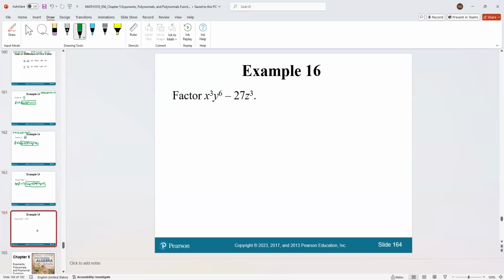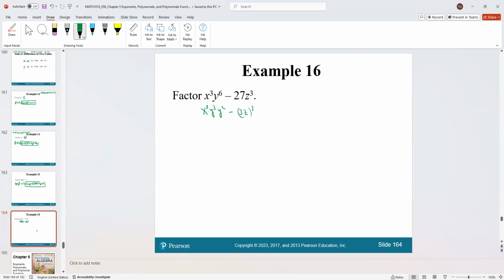The last example we can do here has no common factor. I like this one as well. There is no common factor. But if you want to see it that way, we have x power 3, y power 3 with y squared, minus 3z cube.